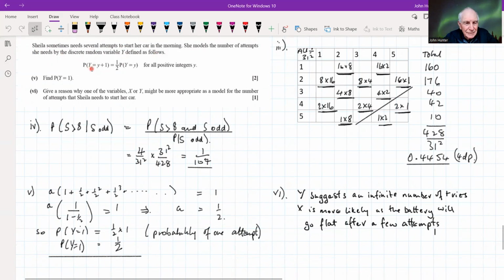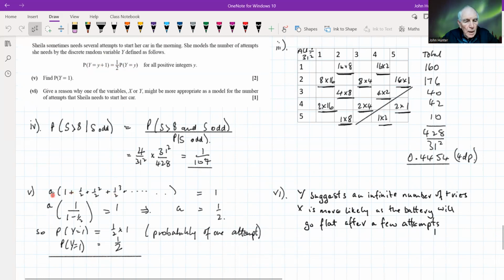Right, okay, well, we have to get our brains around this a little bit. It's basically saying that the probability of 3 attempts is half of the probability of 2 attempts. So it's basically the same idea, but in this case, it doesn't say it's limited to 5, does it?